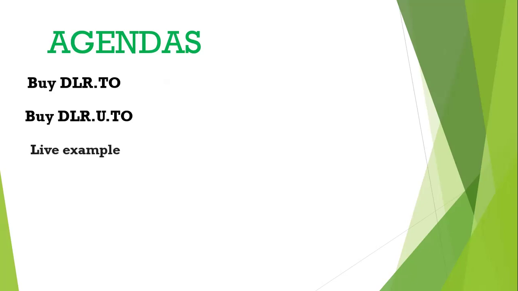This one is more of journaling your shares. You buy shares in Canadian dollars and then journal them to US dollars. We'll look at how we can buy the DLR.TO in Canadian dollars, and then how we can journal them to DLR.U, and when it's ready, we can sell it and get our US dollars.